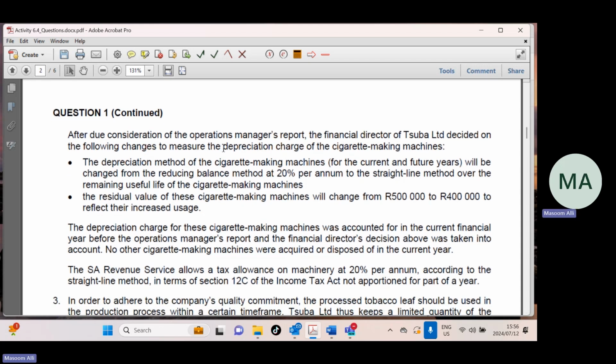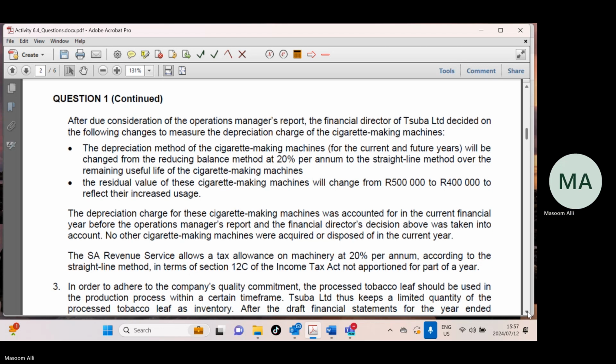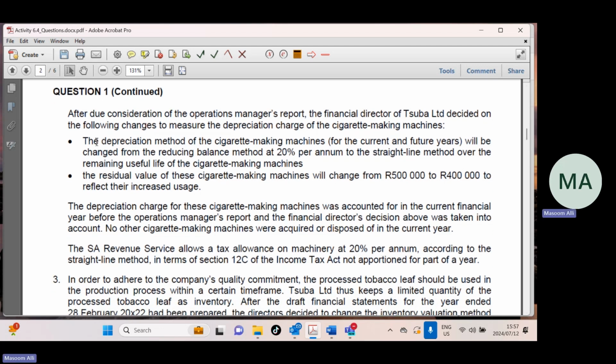After due consideration of the operations manager's report, the financial director decided on the following changes to measure the depreciation charge for the machines, for the cigarette making machines. So the depreciation method of the cigarette making machines, for both the current and the future year, will be changed from the reducing balance method at 20% per annum to the straight line method over the remaining useful life of the machines.